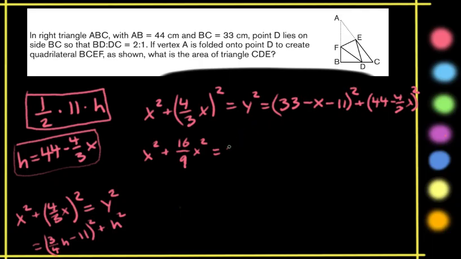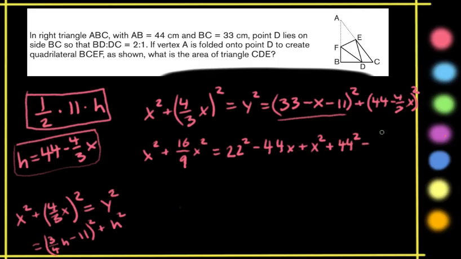So we have 22 squared minus 44x, plus x squared. That's this part. Plus we have 44 minus 4/3 x squared. So this will be 44 squared.